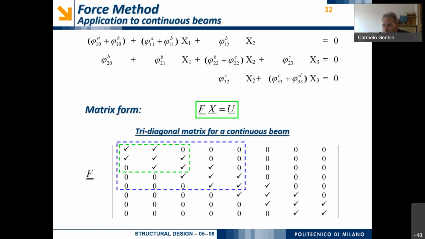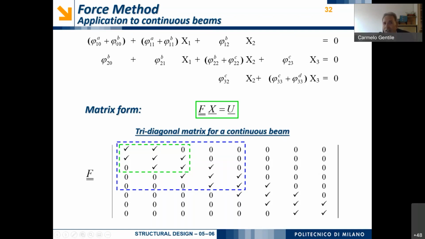The order of this system of linear equations, even in the general case but also in the case of a continuous beam, is equal to the number of redundant reactions.